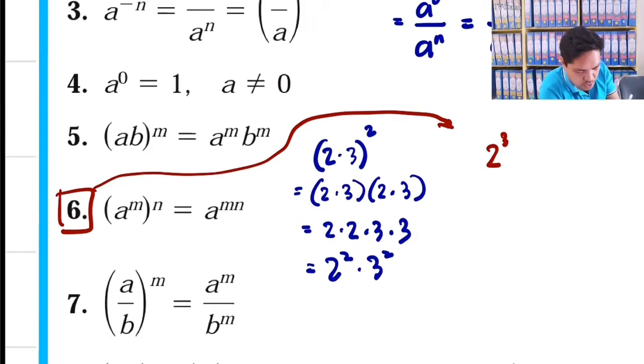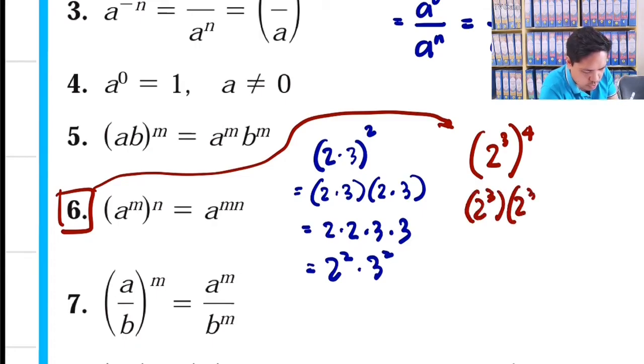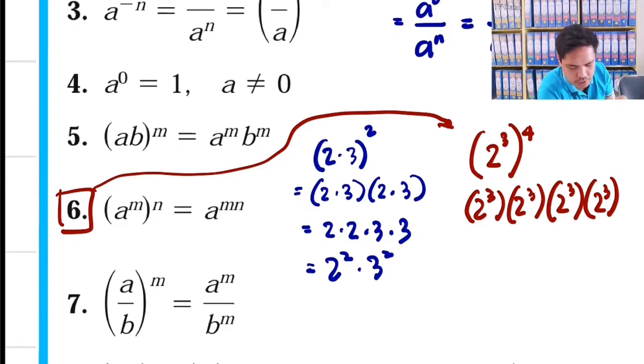So, yung 2 raised to 3, let's say raised to 4. That means 2 raised to 3 times 2 raised to 3 times 2 raised to 3 times 2 raised to 3. So, we just repeated the multiplication of 2 raised to 3 four times. Ano yung property for the same base?